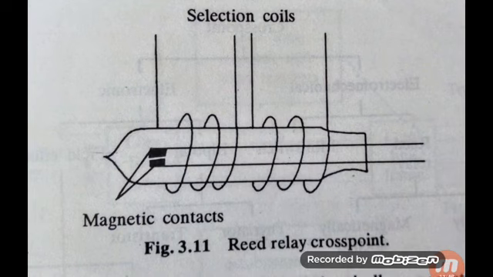When electrically latched, current is passed continuously through the coil as long as the switched connection is required. That means by using selection coils, current flows continuously without distortion.